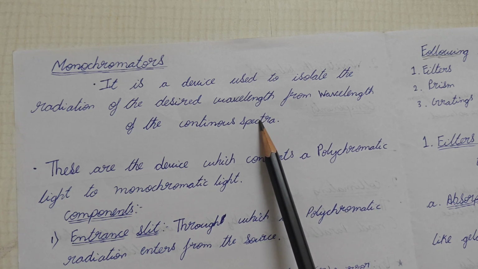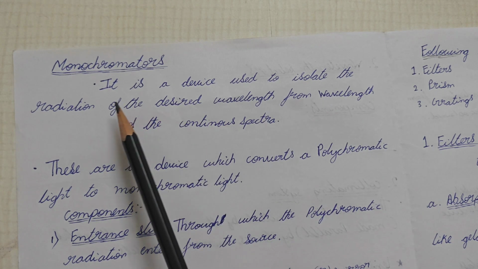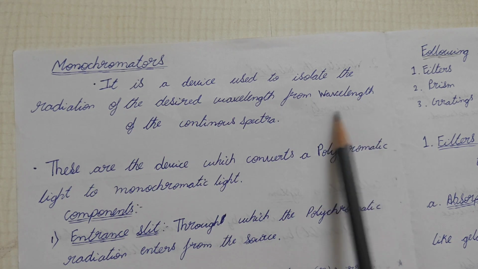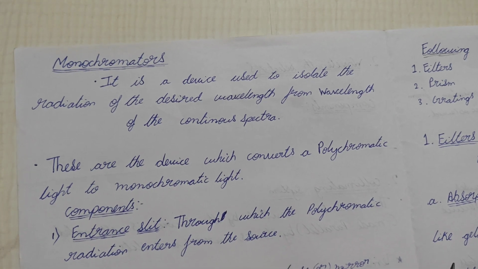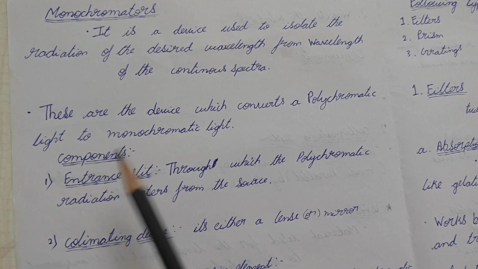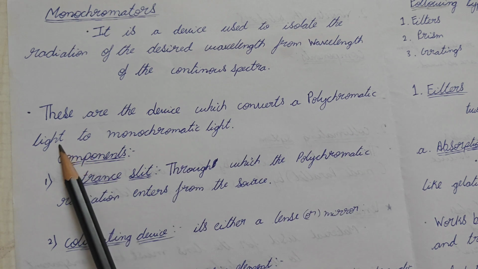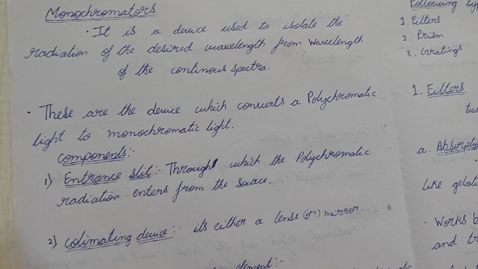A continuous spectrum is nothing but polychromatic light. It is the selection of the desired wavelength from polychromatic light. These are the devices which convert polychromatic light to monochromatic light.